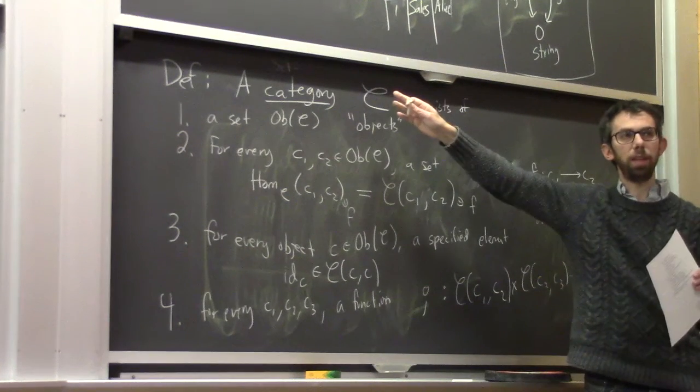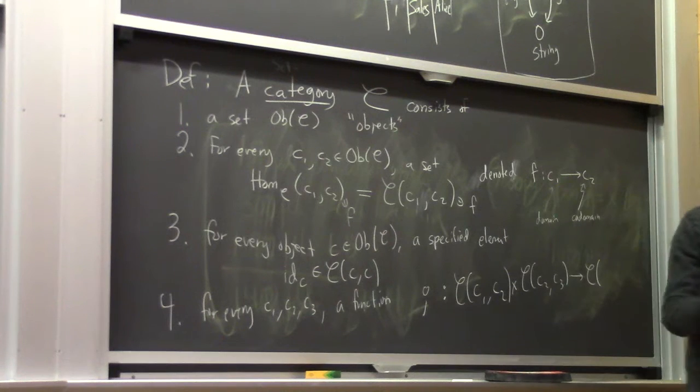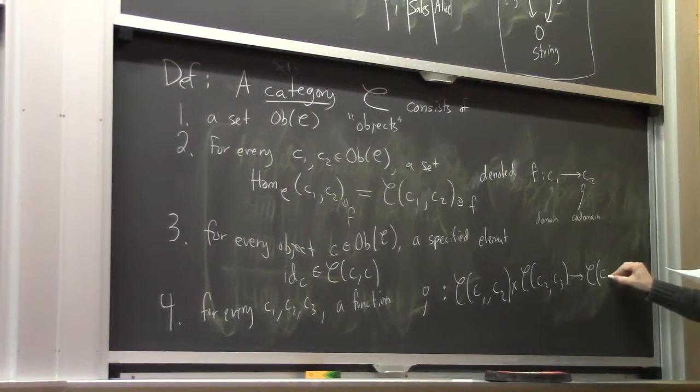If you can do it differently than I can do it, then you have your own category and I have mine. There's not one specified way to compose things. But if you have a way to get from C1 to C2, and you have a way to get from C2 to C3, and you tell me you have a category, you better be able to tell me how to get from C1 to C3.